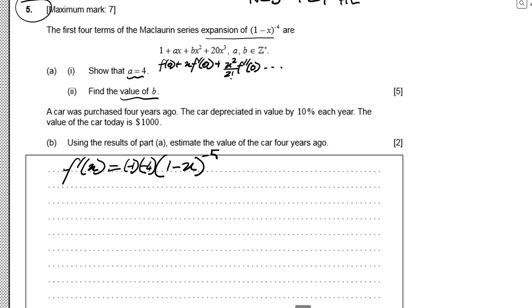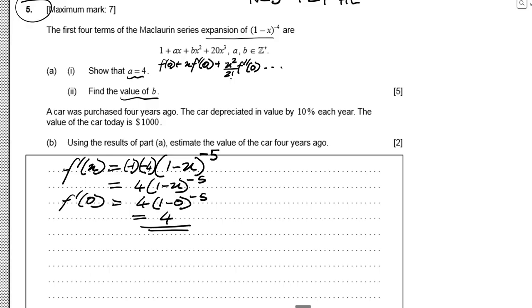And this becomes negative 5, which is just 4, 1 minus x to the negative 5. Right, and all we have to do then is find our f prime of 0. So 1 minus 0, and that's just 1, so 4, which is equal to whatever they said.